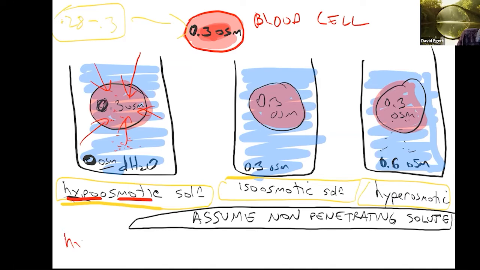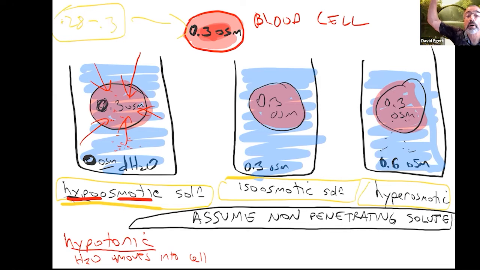This is called hypotonic. Depending on how strongly hypotonic the solution is, the cell might just swell. If it's strongly hypotonic, it might be enough to pop. If the cell pops, we call that hemolysis.